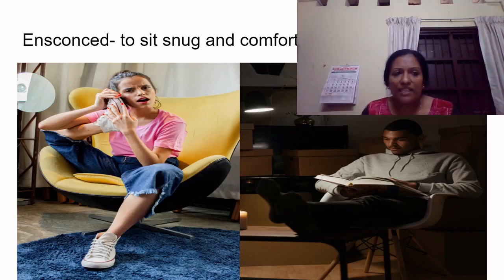If lounging is being comfortable, then ensconced is being sucked in by the chair that you're sitting in. You are surrounded on all three sides by the chair, and you lose yourself in this armchair. You are so snug and so comfortable in this armchair that you are very, very relaxed.